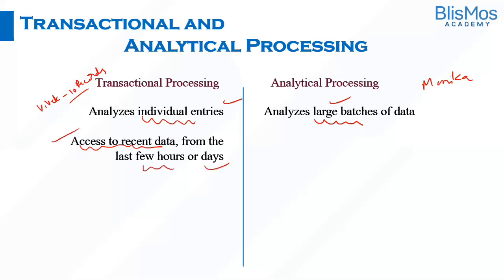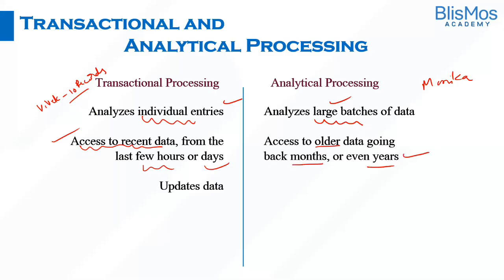On the other hand, in analytical processing, we access data which is older, maybe months or even years. In transactional processing, we usually take care of updating the data also. As you know, in the first example, Vivek updated the courier company through which the order needed to be routed.